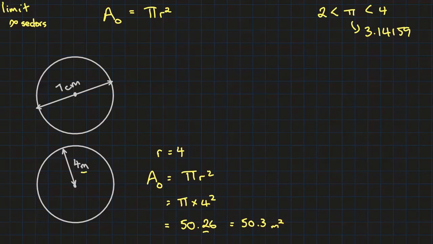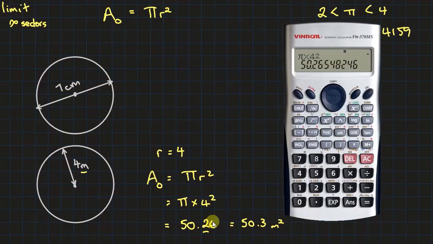Now, I said I want to show you something to be careful of. Some people try to be lazy when they're typing in their numbers, and if you do pi, and because we write the formula pi r squared like that, some people try to put 4 squared, and a lot of calculators will give you an error. The pi needs a multiplication sign after it to separate it from the number.